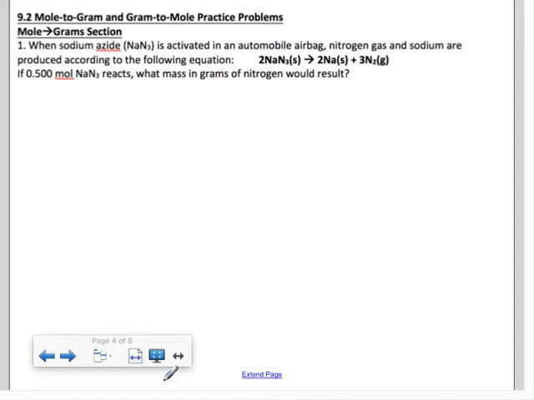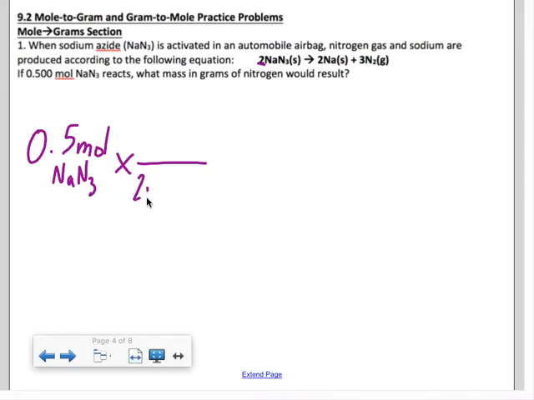Okay. So I'm going to start with what I'm given. 0.5 mole of, I'm just going to stick it on here to try to save some space, NaN3. So I'm in moles, so I'm going to use the mole ratio. Now I am in NaN3, so that needs to go on the bottom. If I look at my chemical equation, NaN3 has a 2 in front of it.